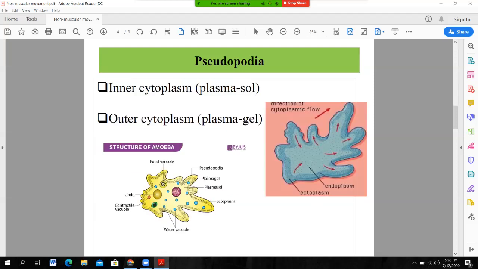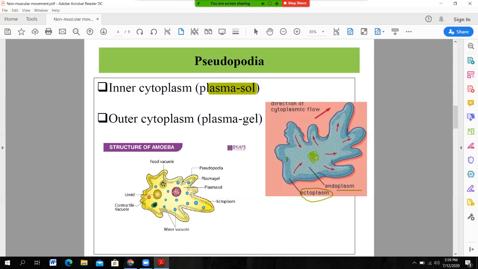The cytoplasm of the amoeba consists of two parts. The outer one is known as the ectoplasm, and the inner one is the endoplasm. The inner cytoplasm is called plasma-sol, because it consists of a more fluid portion.